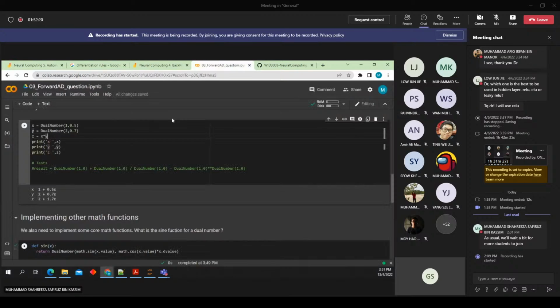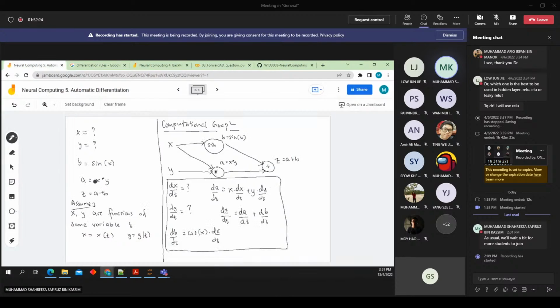Now, in order to do that, because if we look at this, we have sine of x here, you have to define your multiplications and the addition functions. And also you have to have a sine of x over here.